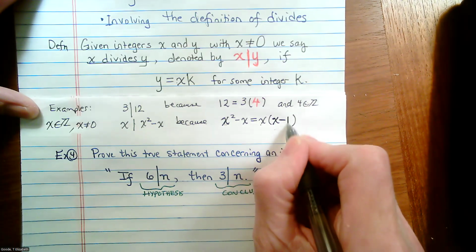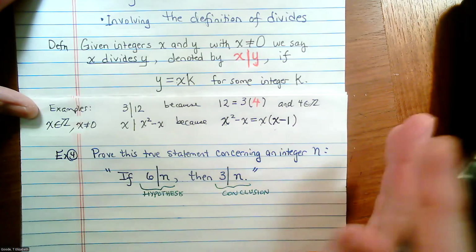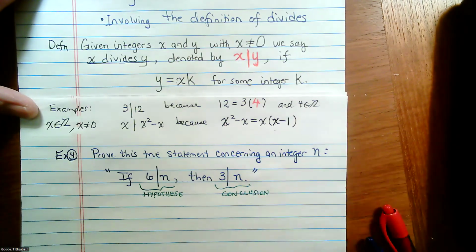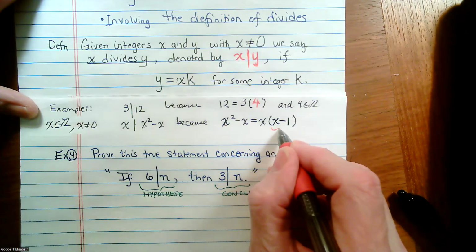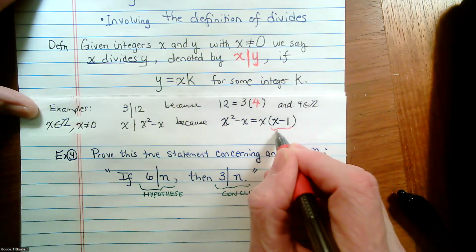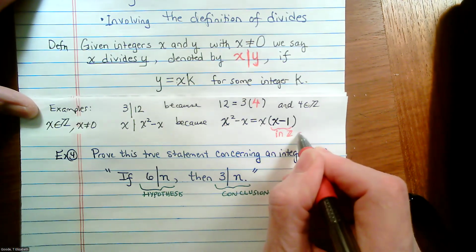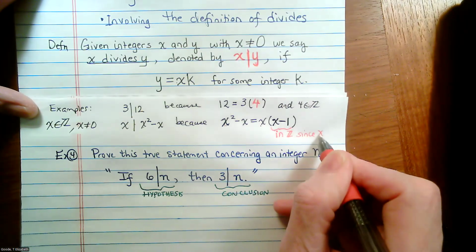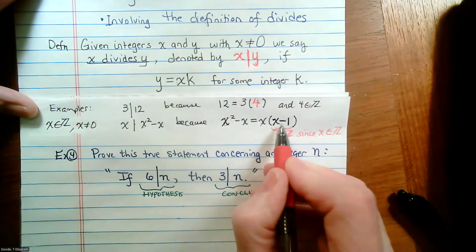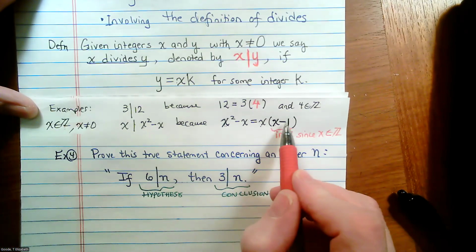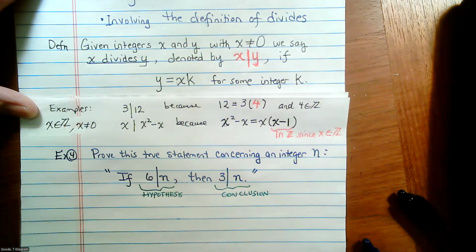Negative 1. And this is an integer because x is an integer. An integer minus an integer is still an integer.